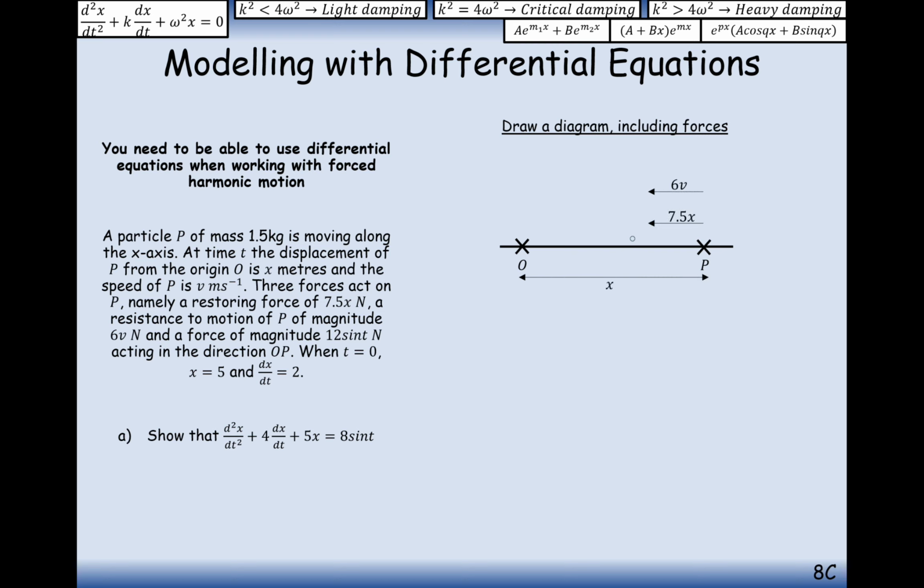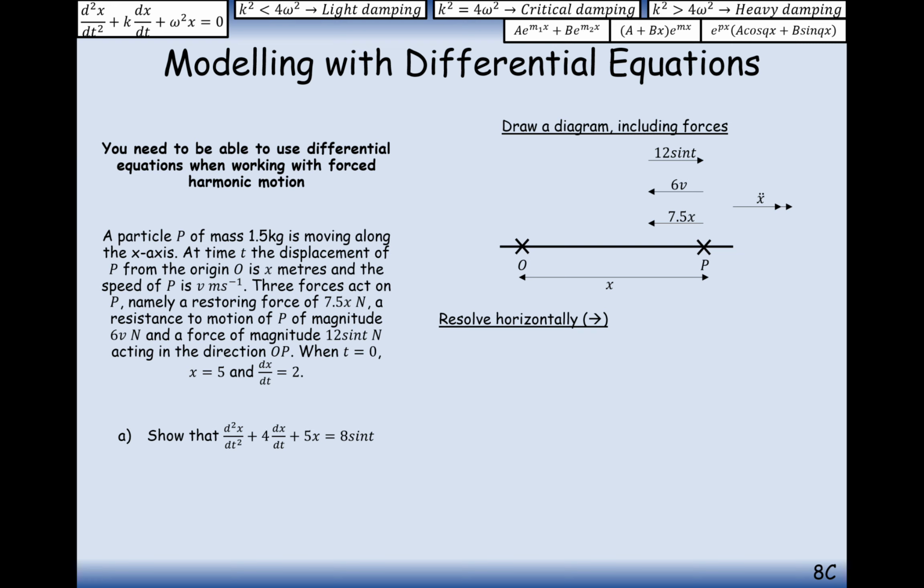We have a restoring force and a resistance to motion force, so both of these will be acting to the left, where we're setting the acceleration to the right. We always set acceleration to the right when we set up our diagram like this, and yes, it will be mostly negatives in this equation. But the 12 sine t force acts in the direction OP, O to P, so it's acting in the right hand direction.